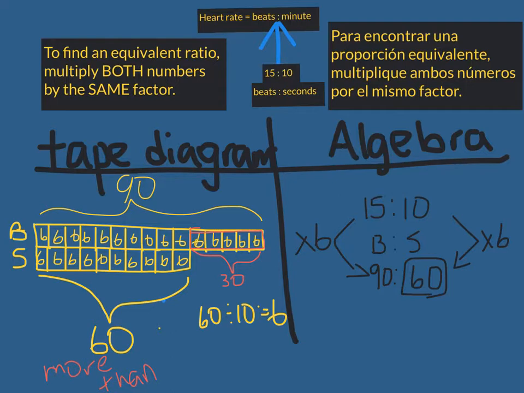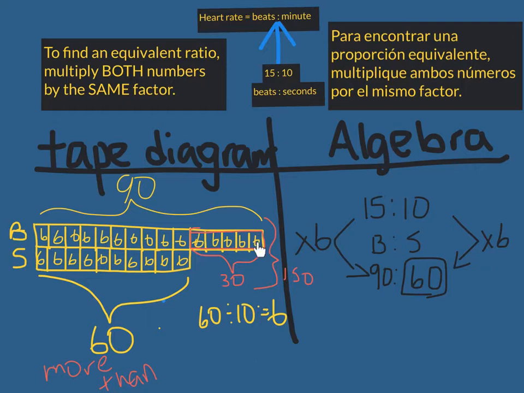So if I said how many total, if beats and seconds were both measurements, how many total measurements, that would be taking all of these together. So I've got 90 on top and 60 on the bottom, and that's going to be 150, right? Total things, total boxes, broken into, we had 15 on the top.